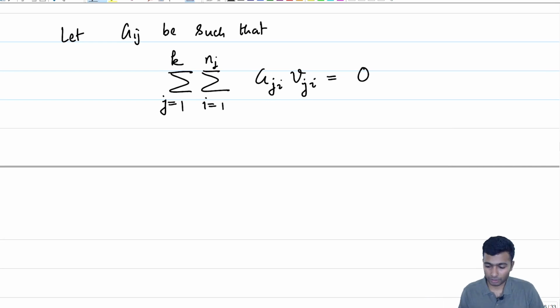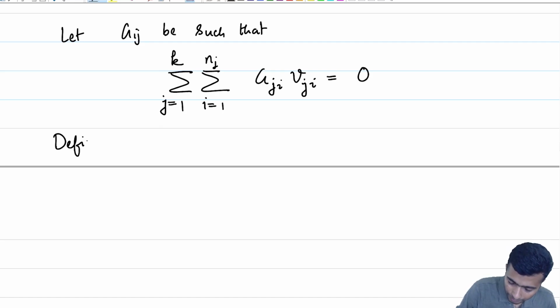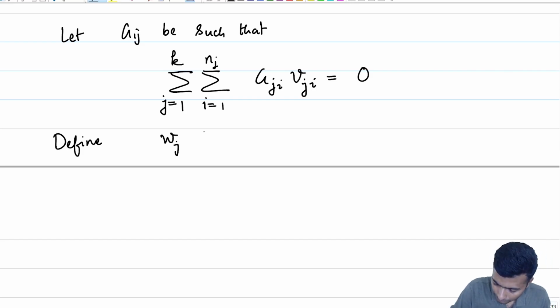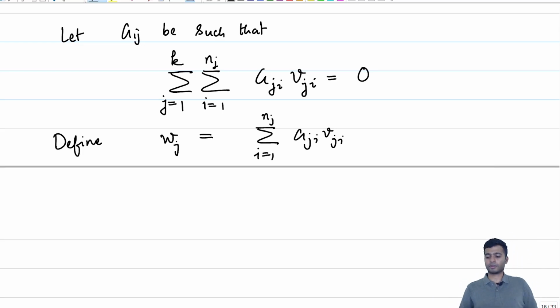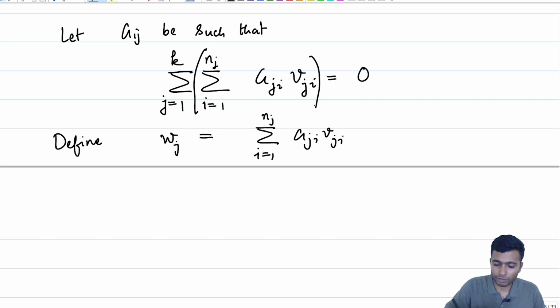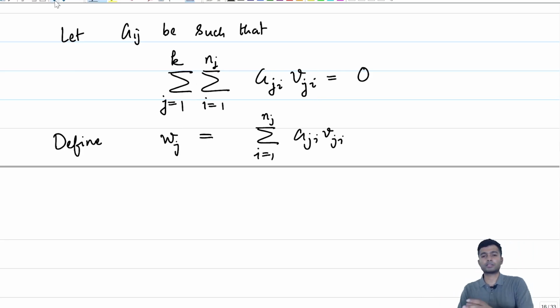To do that, what we will do is define Wj to be equal to the summation i equal to 1 to Nj of Aji Vji. Notice that j is fixed, and we are looking at the thing in the bracket here. This is what we are focusing on, and we are looking at the sum here.